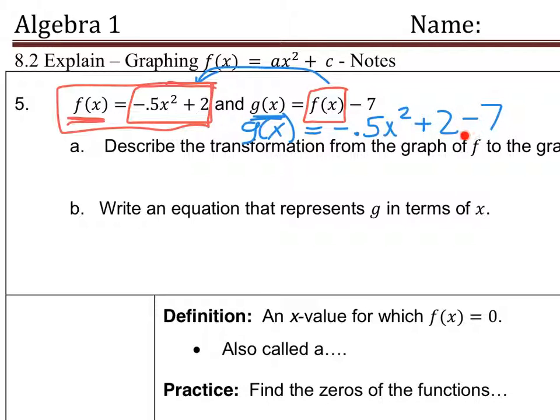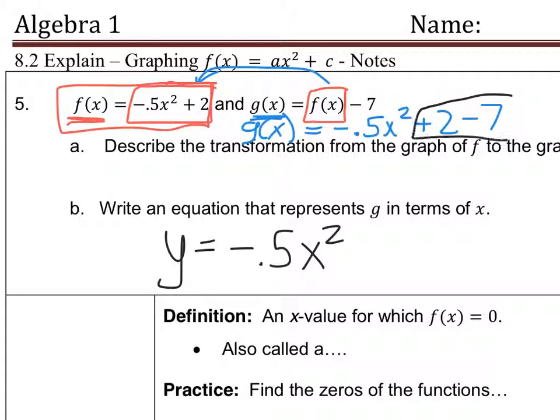So we're going to go +1, 0, and then -1, 2, 3, 4, 5. So this one's actually going to have an equation of y equals -0.5x squared, because none of that changed. But we're really combining our +2 minus 7, and that comes out to -5.